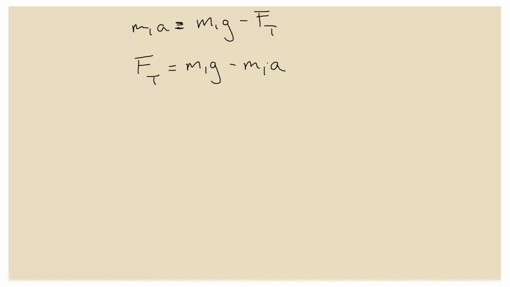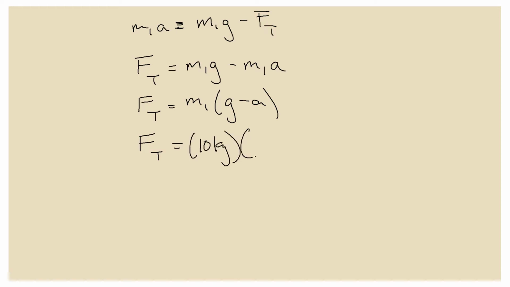And I don't want to plug a number in twice if I don't have to. So I'm going to write this as F_T equals m1 times (g minus a). G minus a. That look familiar? Sort of like an elevator problem. Isn't that cool? So I got 10 kilograms, my m1, and then that will be times 9.8 meters per second squared minus the acceleration that we just found, 4.2.